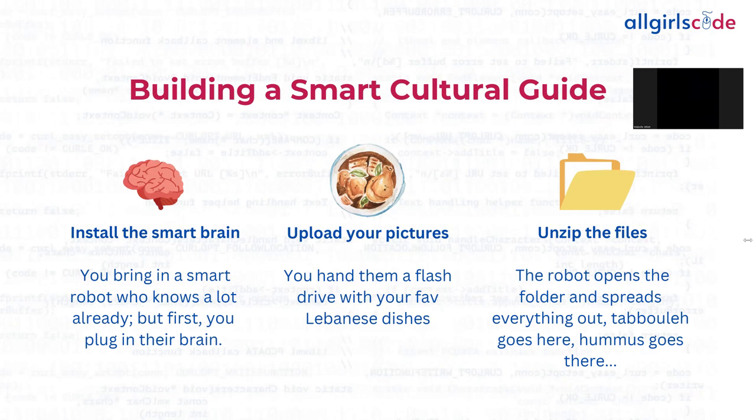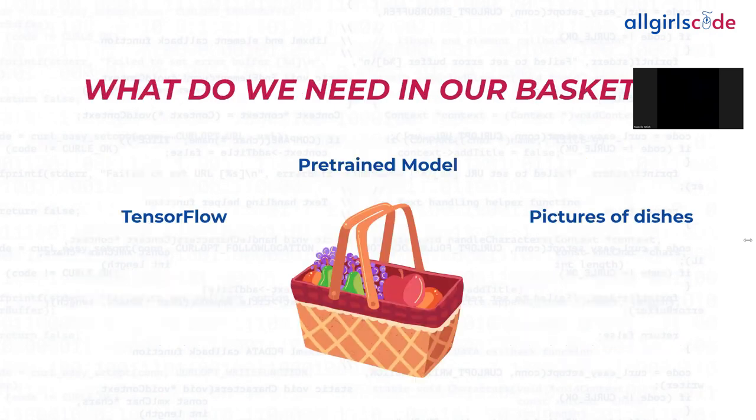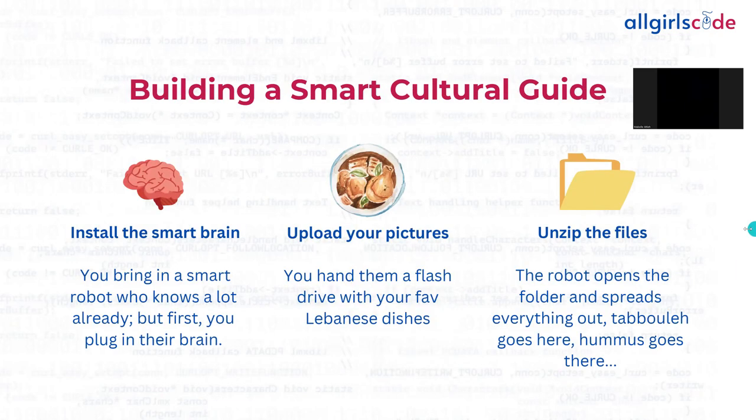Now let's go step by step. Our first step, we need to install the brain tool. We mentioned it here, TensorFlow. We need to install it, right? So we bring in a smart robot who knows a lot about the world, about cats, dogs, flowers. Then you need to upload your pictures.